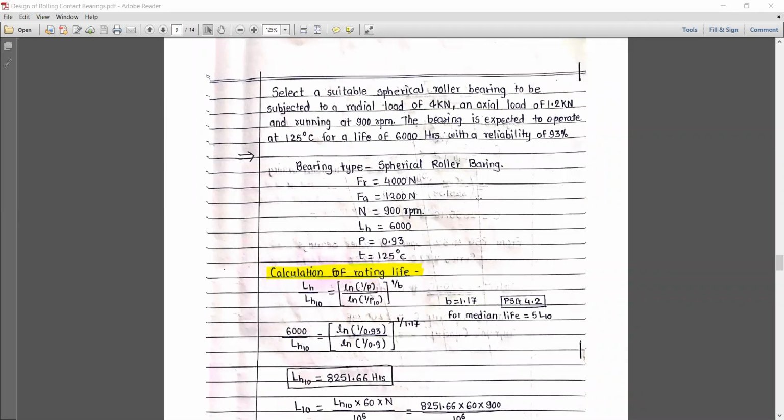In previous lectures, we have discussed the design of deep groove ball bearing, angular contact bearing, and a deep groove ball bearing with cyclic load. In the previous three examples, we didn't consider the temperature gradient, or the effect of temperature.